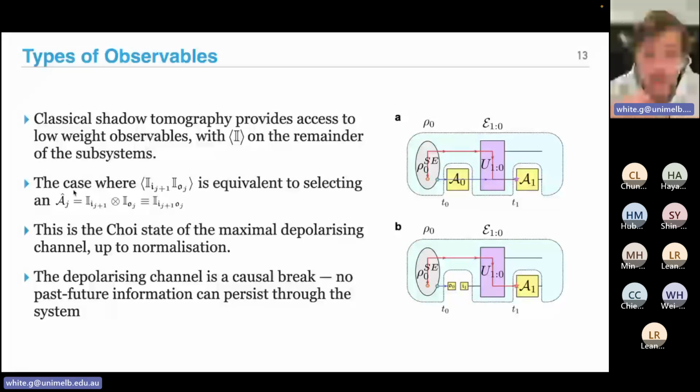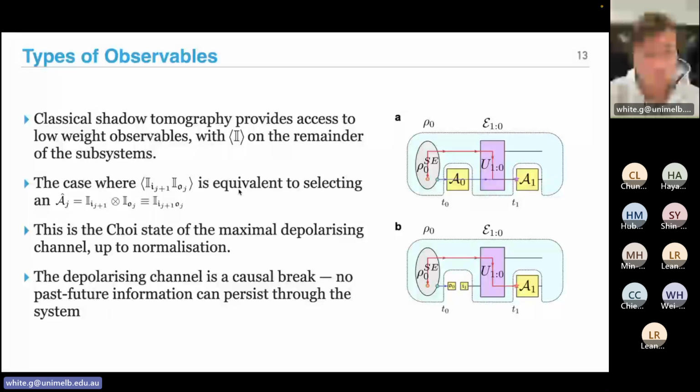So equivalently, you can think of this as picking an operation whose Choi state is represented by the identity, and this operation is the maximal depolarizing channel. So the maximal depolarizing channel in this context is the channel in which you measure the system, you throw away the outcome, and then you insert a maximally mixed state for the dynamics.